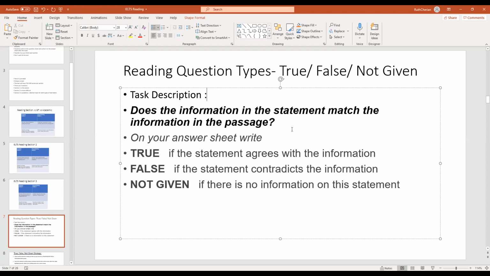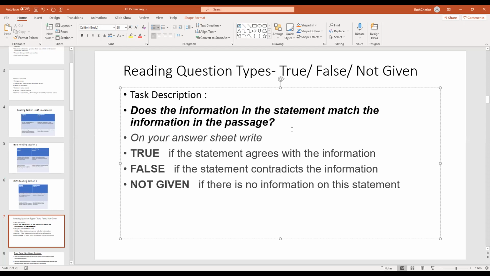So you'll have to check that there is a reading passage given, and there are questions appearing after the passage. There is a statement given, or a few statements given from the passage, and you'll have to check when compared with the passage, if the statements agree with it, whether they comply, whether it is true with regards to the passage, or if it's false.